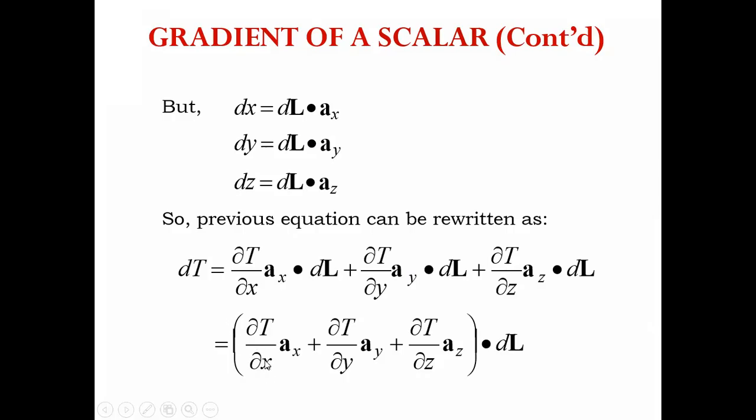So see, the final expression is del T upon del x ax plus del T upon del y ay plus del T upon del z az, dot dl. And this part is what I was actually trying to ask.